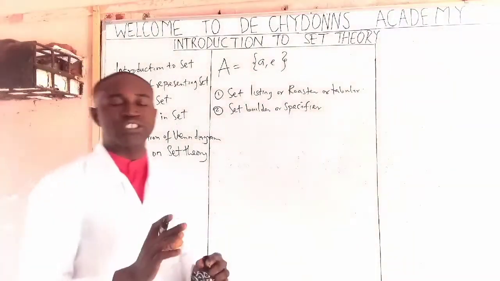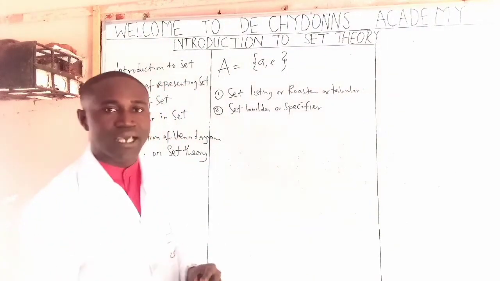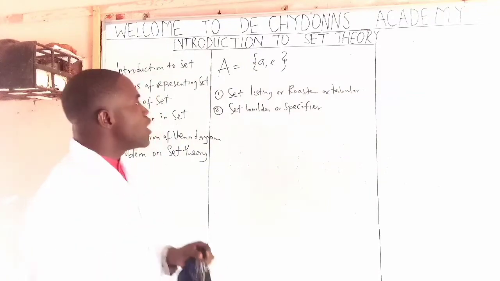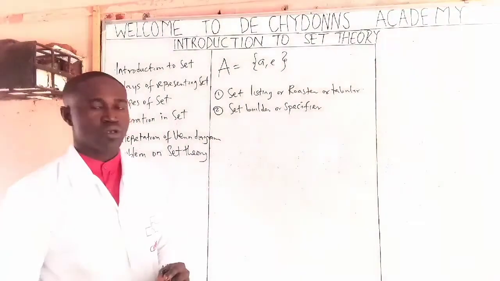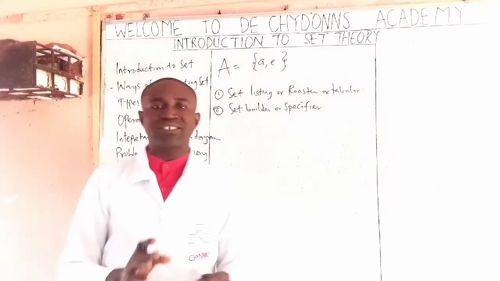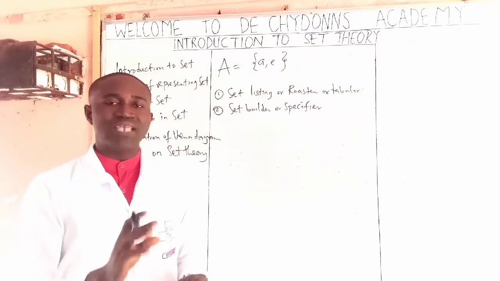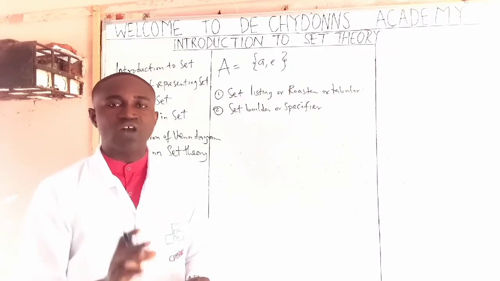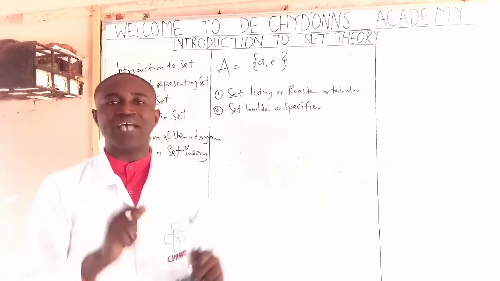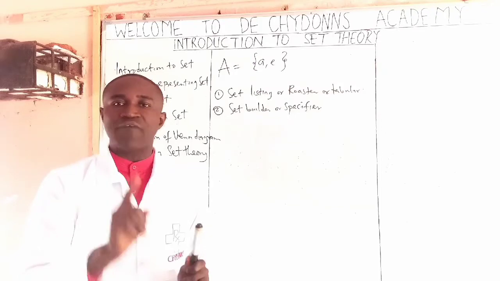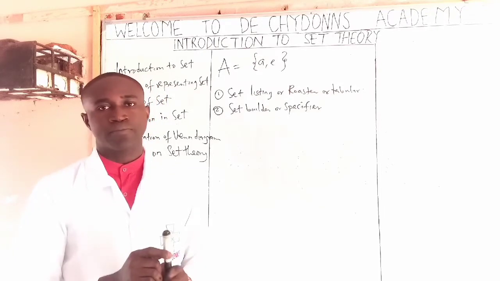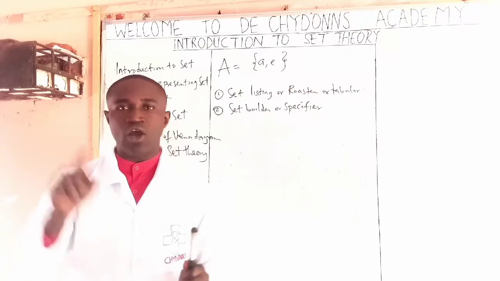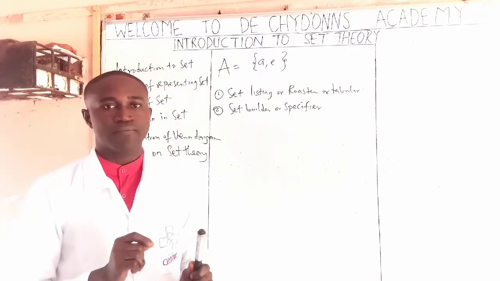So these are the two possible ways of representing a set. What do we mean by the set listing, roster, or tabular method? This is a way of representing a set by listing out or writing out all the elements or members of that set, one after the other, using a comma to separate one from the other, and you enclose it in curly brackets.